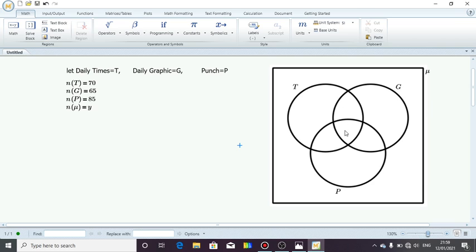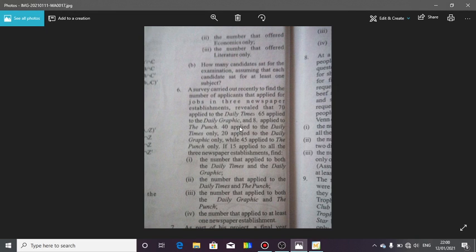Then those that apply for all 3, which is punch, daily times and daily graphics, you can see their connection here. This is where they are positioned. But this one said only daily times, they are 40. So we put 40 there. Put your 40 here, in this place. That is, 40 applied to daily times only.